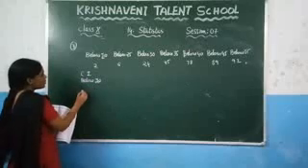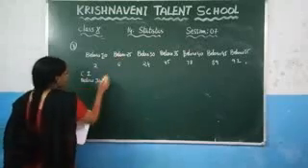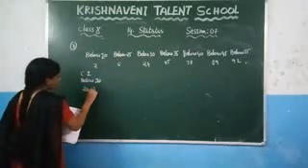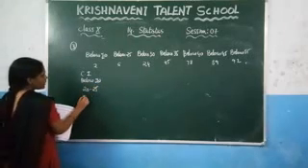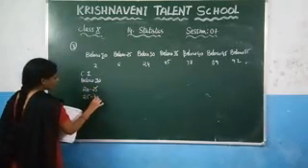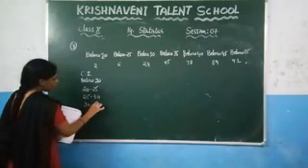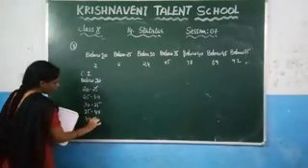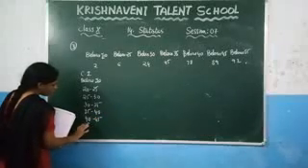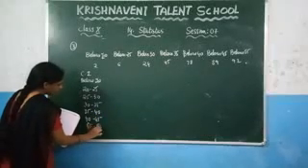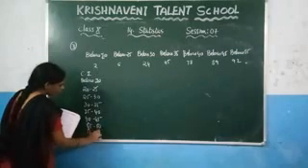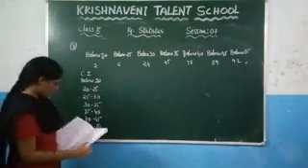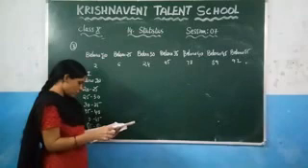So write it here: below 20, and the next one. You need to create it like this: 20 to 25, and after that write 25 to 30. Next 30 to 35, 35 to 40, 40 to 45, 45 to 50, 50 to 55, like that, up to 60.